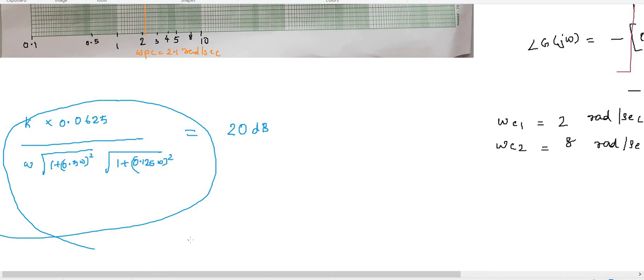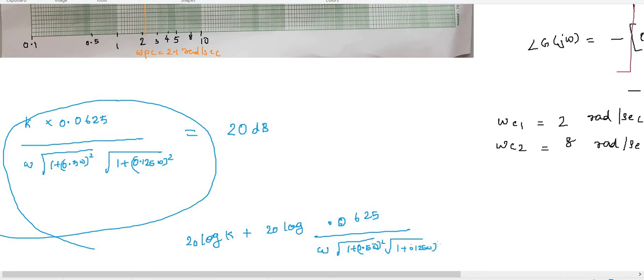How can we convert it into decibels? 20 log k plus 20 log of 0.0625 divided by omega into square root of 1 plus 0.5 omega square into 1 plus 0.125 omega square, is equal to 20 dB. That is equal to plus 20 dB.